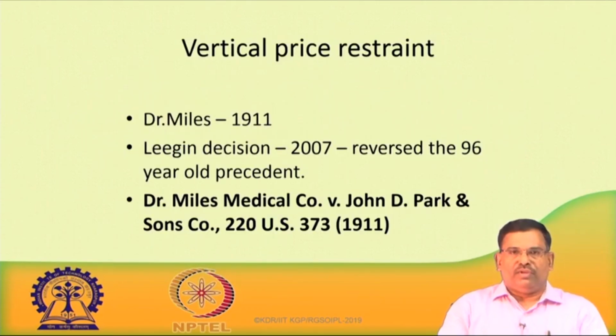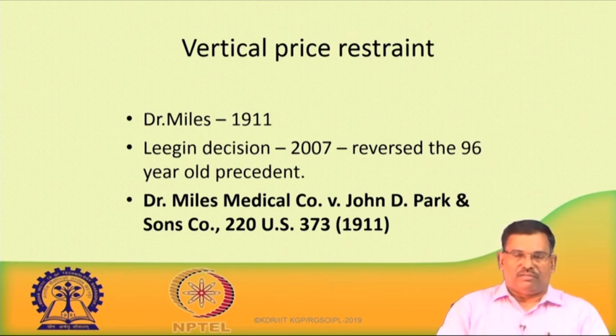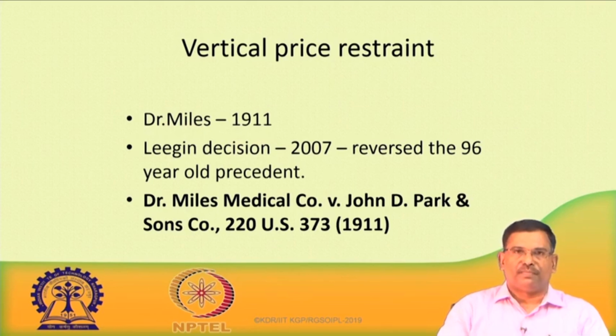This is a very important case. It was important and now it is overruled. Dr. Miles Medical Company versus John D. Park and Sons Company was decided in 1911, and this case set the jurisprudence for a long period of time.